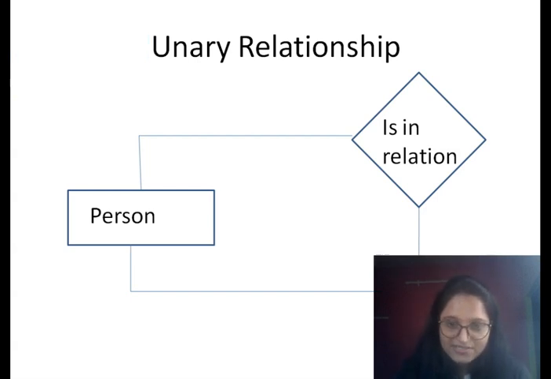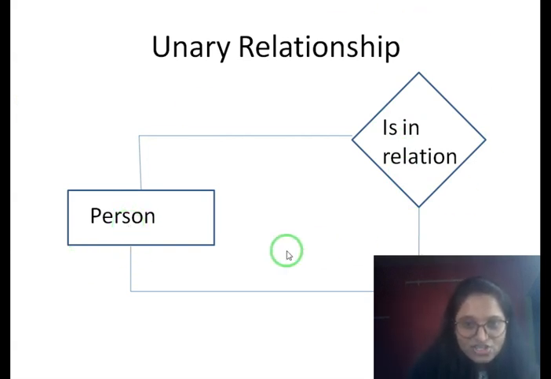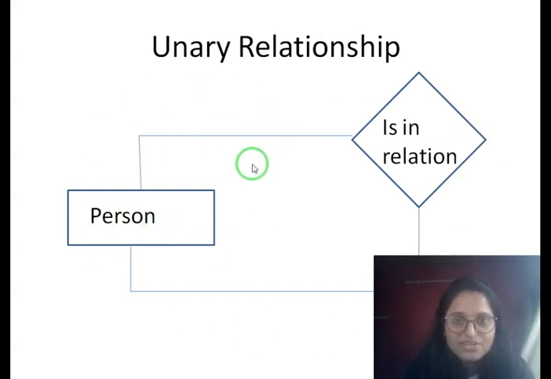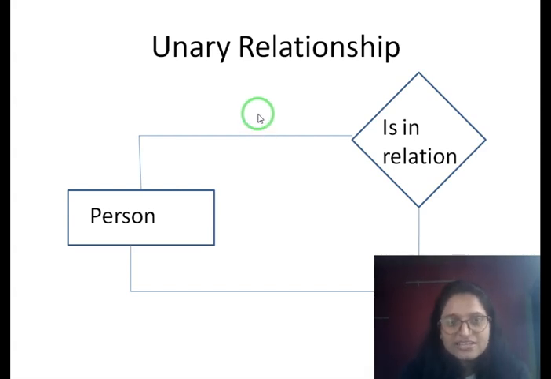A woman is a person. A woman may be someone's mother. So a person is in a relation with a person. It's termed as unary relationship. Person, woman is in a relation with someone's mother. So the mother is also the same woman. So this type of relationship is shown using a unary relationship.